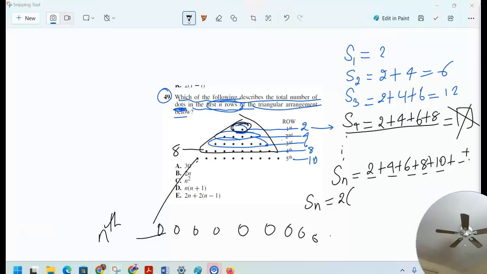Now whichever the nth term will be 2n, because it gets multiplied by 2. This is 2 times 1. Next one is 2 times 2. This is 2 times 3. This is 2 times 4 and like that. So this will be the nth number because there's the nth row. This will be 2n.